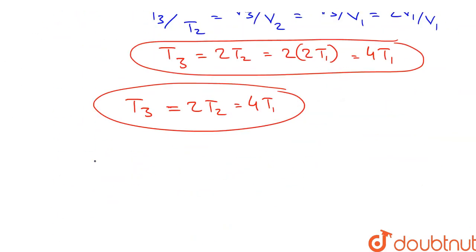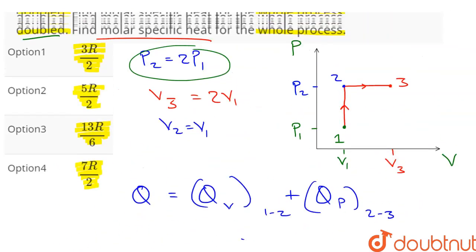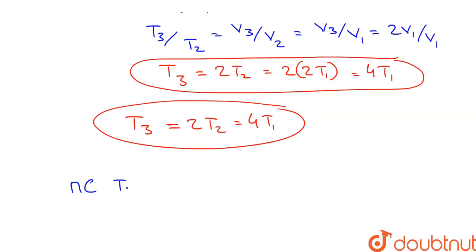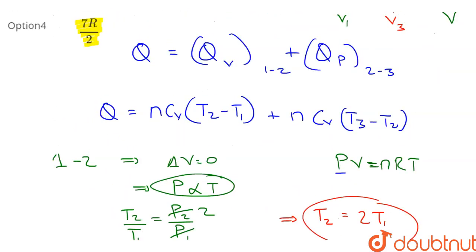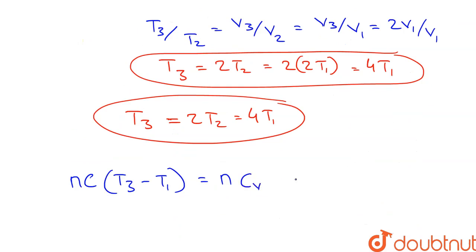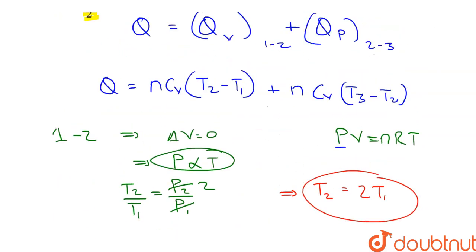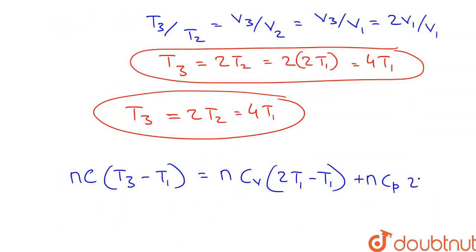Now going back to the heat equation, we have Q, and Q can be written as n into C into the final temperature after the whole process, that is T3, minus the initial temperature T1, and it can be equated to n into Cv into (T2, which can be written as 2T1, minus T1) plus n into Cp into (T3, which can be written as twice of T2, minus T2).